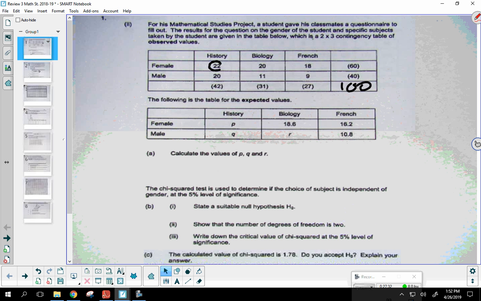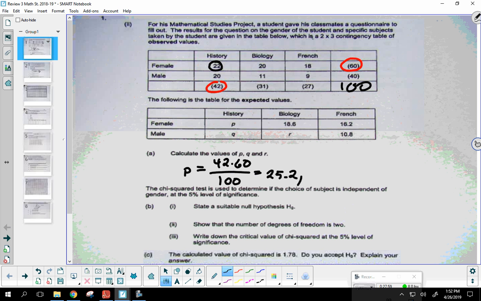So this one right here. What would I do? There you go. For that particular cell, you're going to take the total of that column, the total of that row, you're going to multiply those together, and then divide. So P would be 42 times 60 divided by the 100, and I want to say I got 25.2.